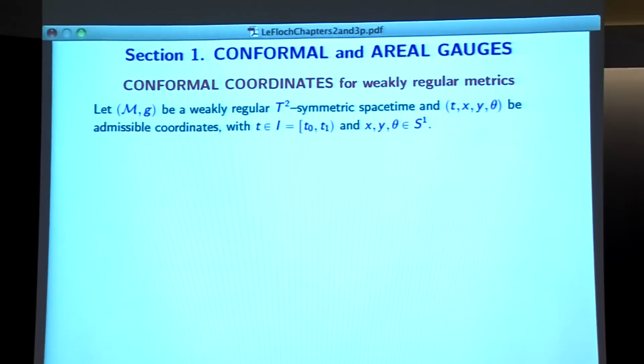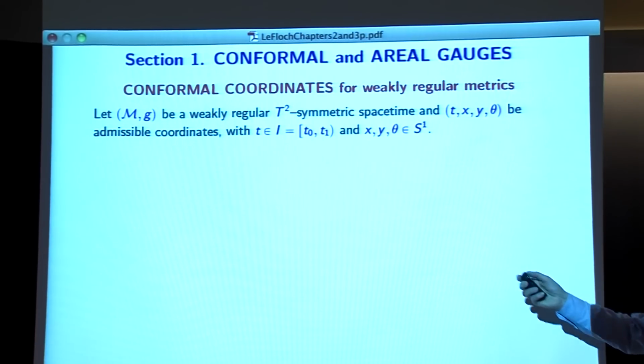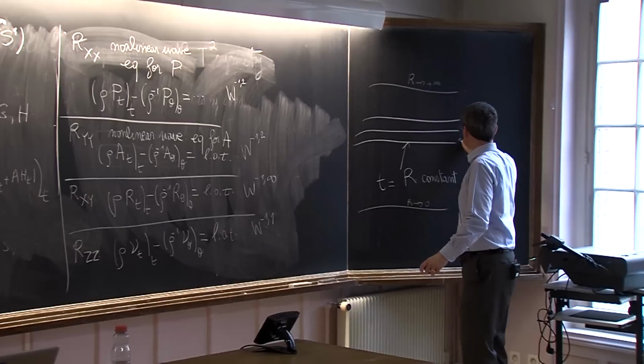So we start with a weakly regular T2 symmetric spacetime with coordinates T, X, Y, theta, admissible coordinates. We assume that the time function varies between two bounds, T0 and T1. So we are taking a piece of a spacetime, this is S1, the topology here.